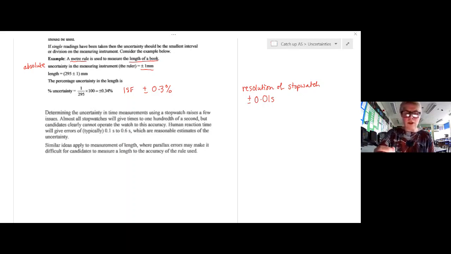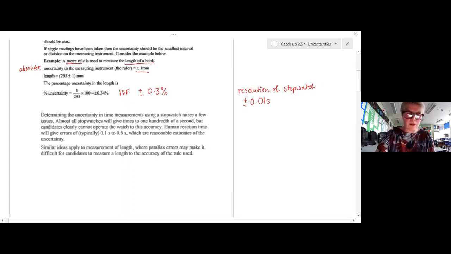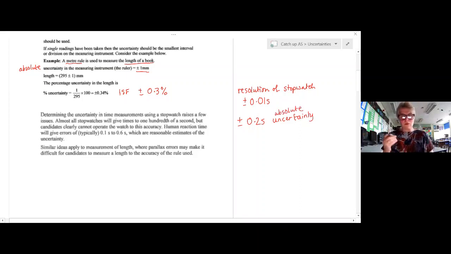So you can choose any number between 0.1 and 0.6, and I would say, for example, go with plus or minus 0.2 seconds as the uncertainty, and we call that the absolute uncertainty. I don't think you can go wrong with that sort of number, not 0.25, that's 0.2 seconds.